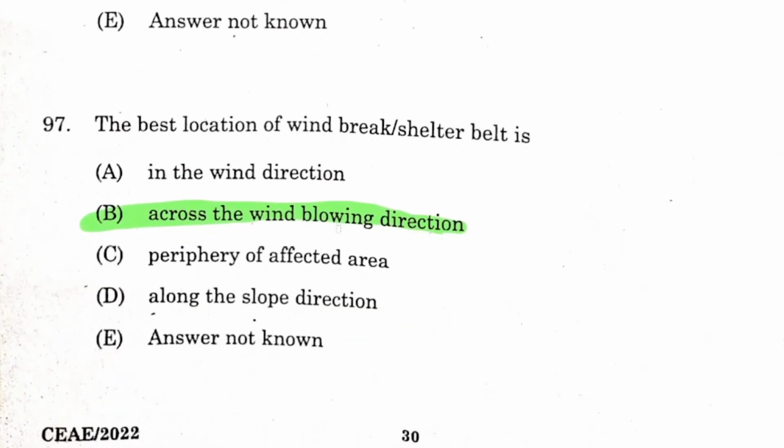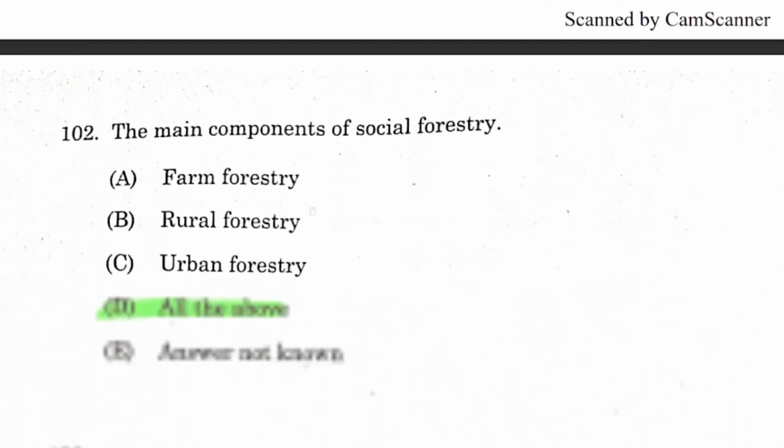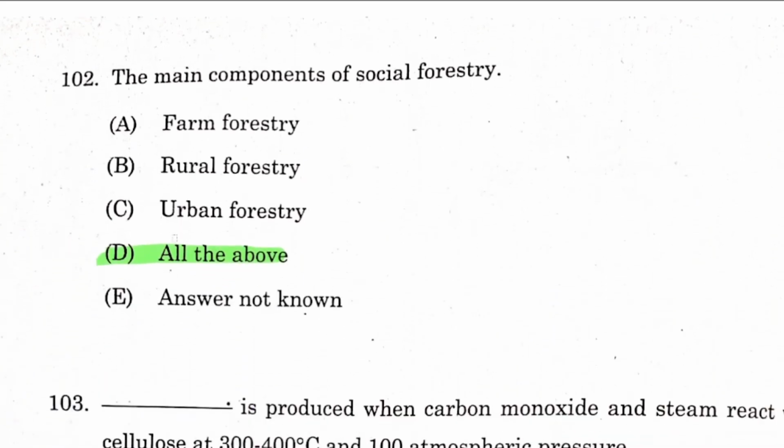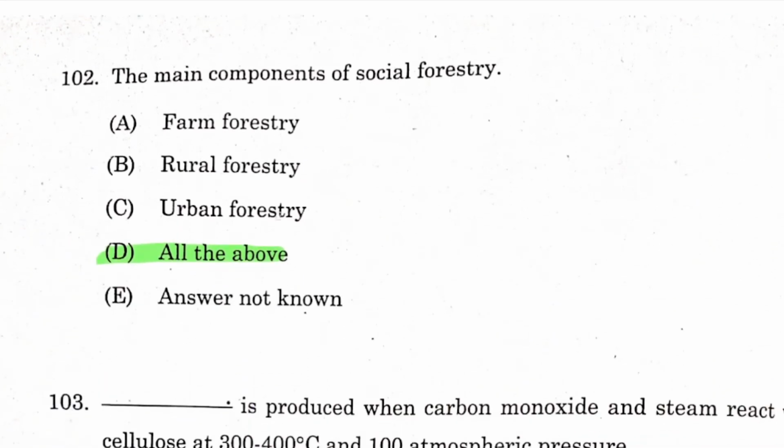Option number A is correct. Next, the best location of wind break and shelter belt is across the wind blowing direction. Next question number 102. The main components of social forestry are farm forestry, rural forestry and urban forestry. All are correct here, then option number D is correct.